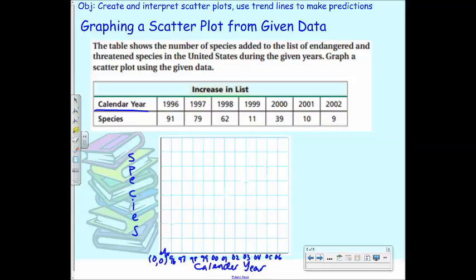Why don't I want to count by ones? There's not enough spaces, and it's so little. Because this goes all the way up to 91, I would have to make a really, really tall graph if I wanted to count by ones. So I don't want to count by ones. I think it makes sense to count by tens. So we'll go 10, 20, 30, 40, 50, 60, 70, 80.